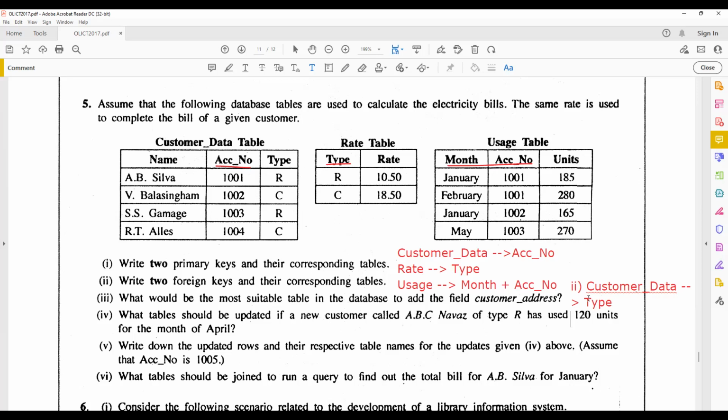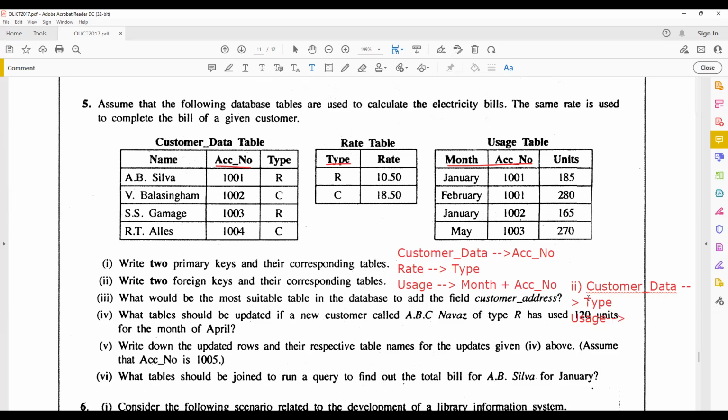Rate anyway is not going to connect with any. But now look at usage. Usage, what do we have? We have month. Month has no connection. But account number, yes, account number will connect to the customer data table. So because of that, we can say in usage we have another foreign key.